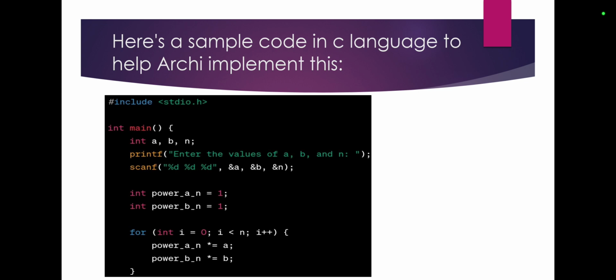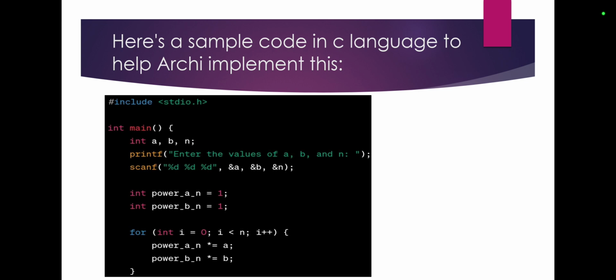Now these are the steps of the code. The code begins by including the necessary header files: stdio.h for input and output operations and math.h for mathematical functions like pow. The main function is the entry point of the program.